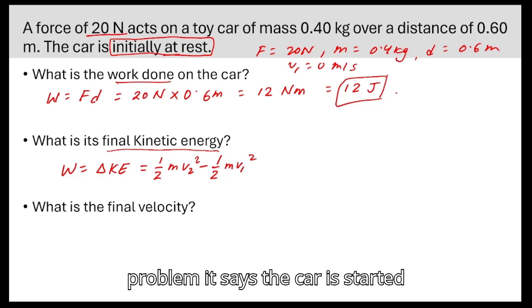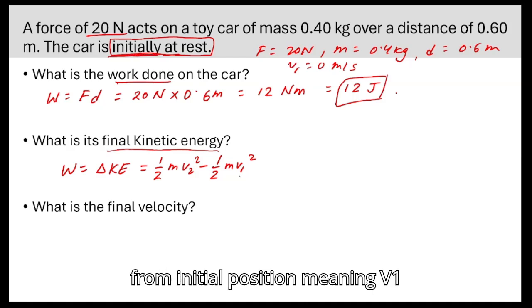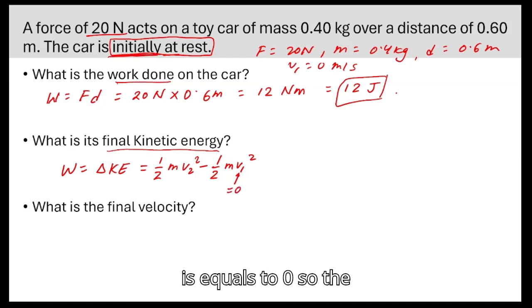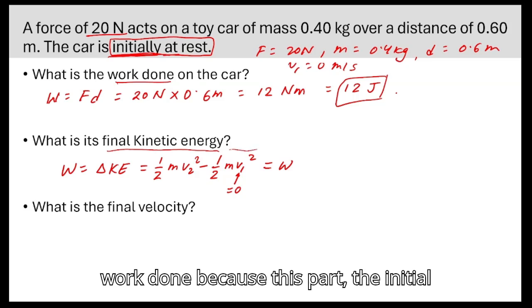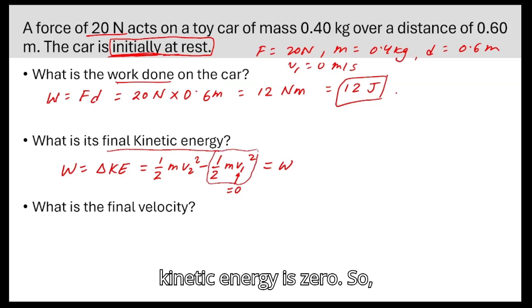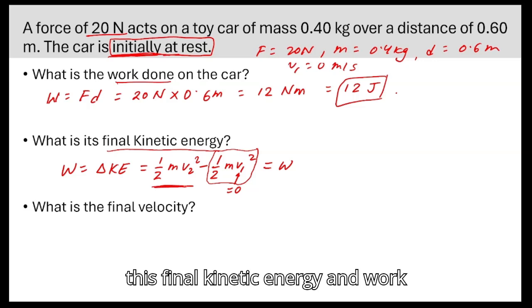In this problem the car started from rest, meaning v1 is equal to 0, so the initial kinetic energy is 0, and the final kinetic energy and work done are the same.